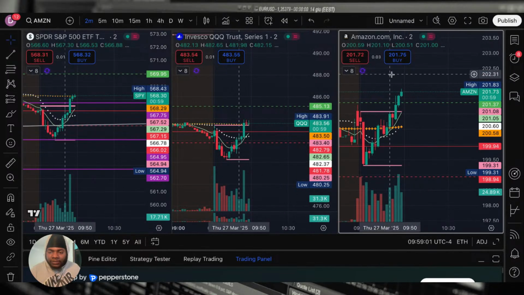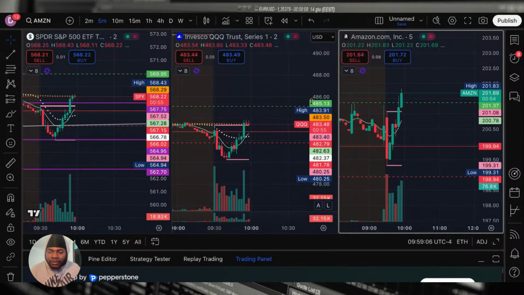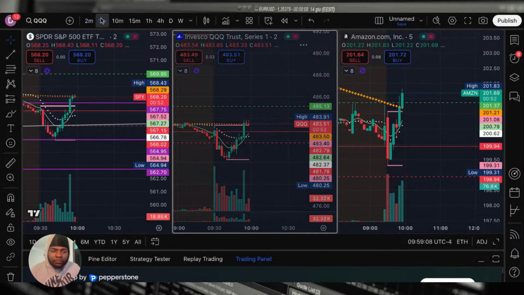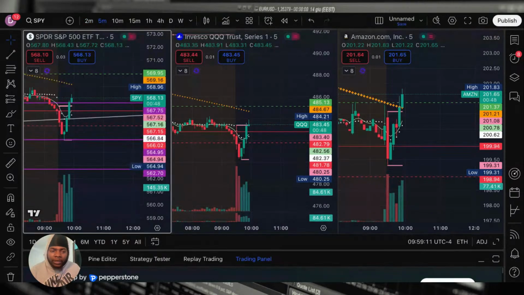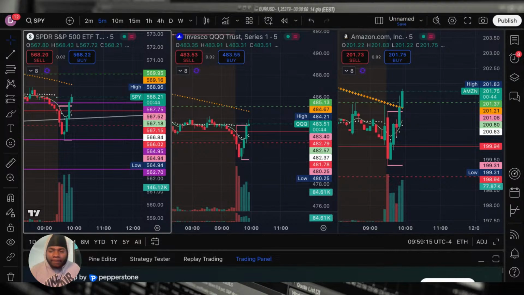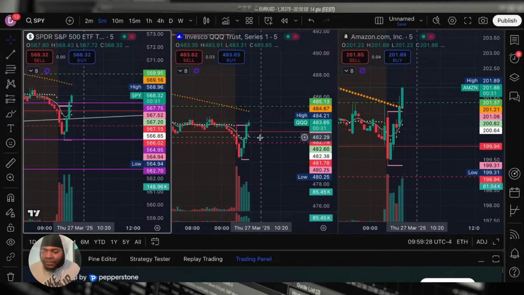SPY's trying to get above that 200 moving average right there. I'm gonna go ahead and move to the 5-minute chart right now. I'm still up 11% on Amazon. There we go. 16% on Amazon. 17%.